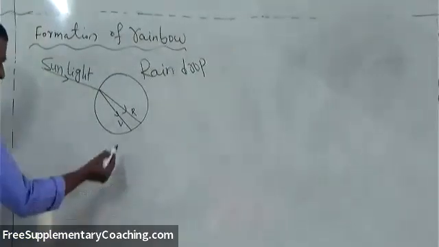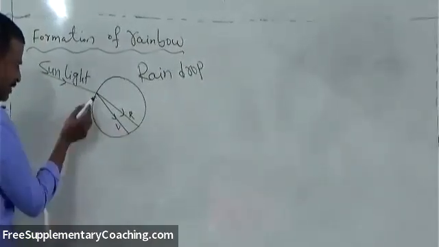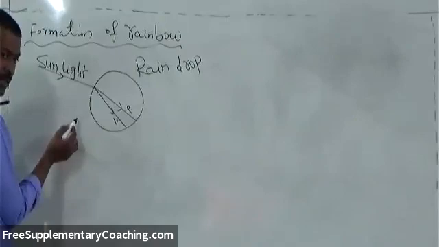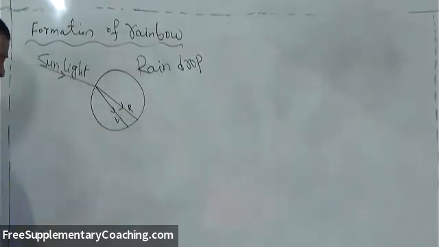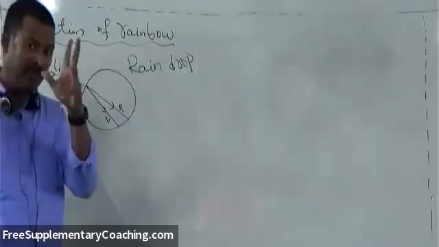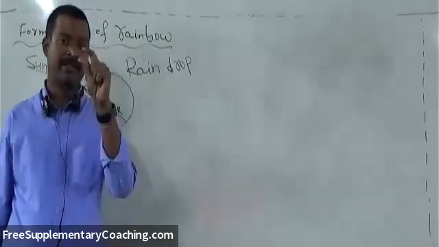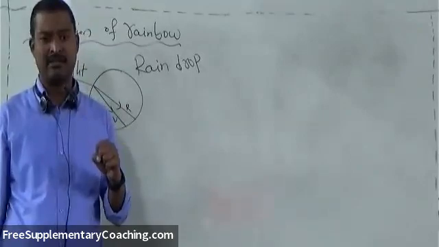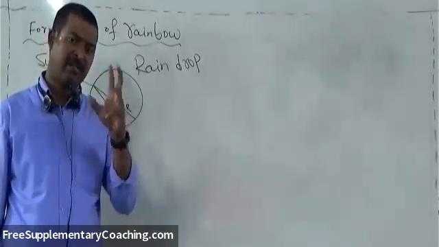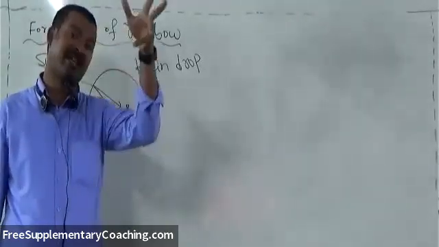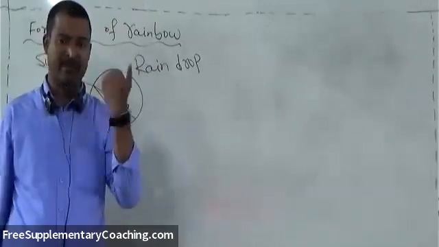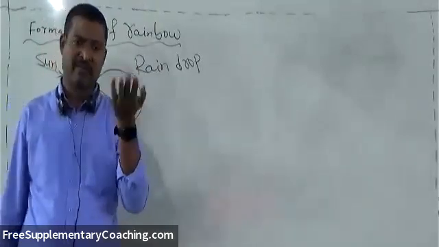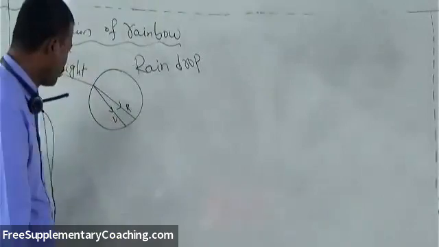Then the light falls on this surface, because dispersion takes place here and it falls here at such an angle that it is greater than the critical angle. So yesterday we studied that when a ray of light falls at greater than the critical angle, it reflects back.